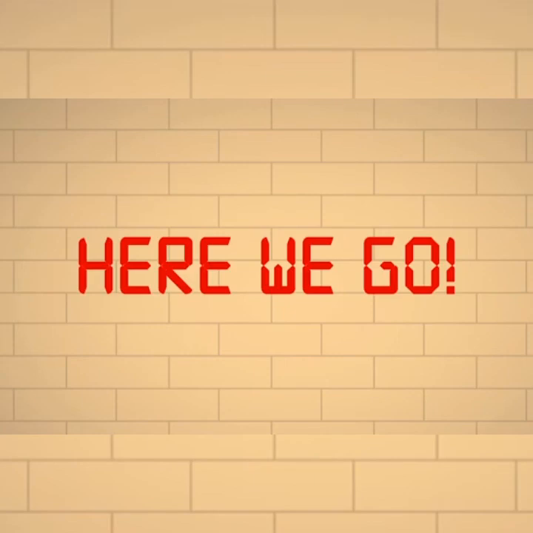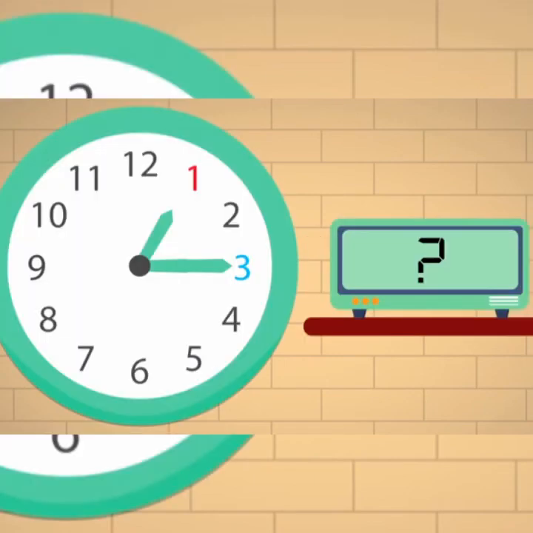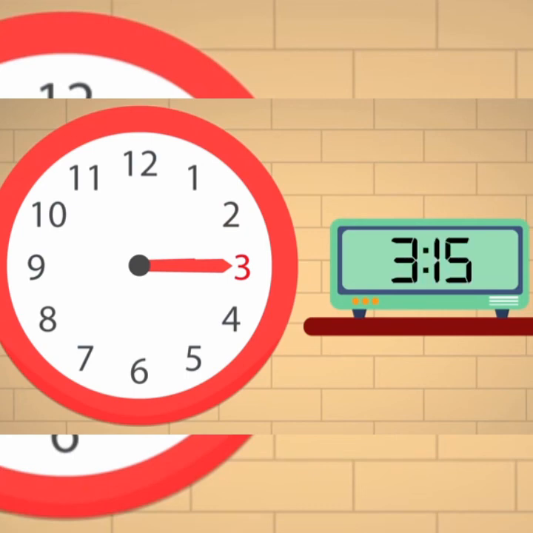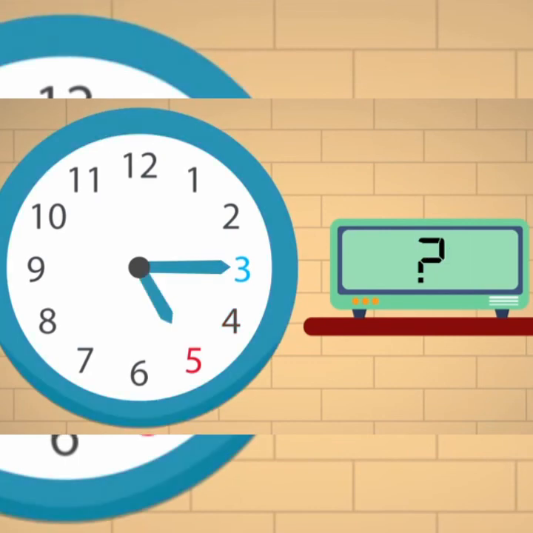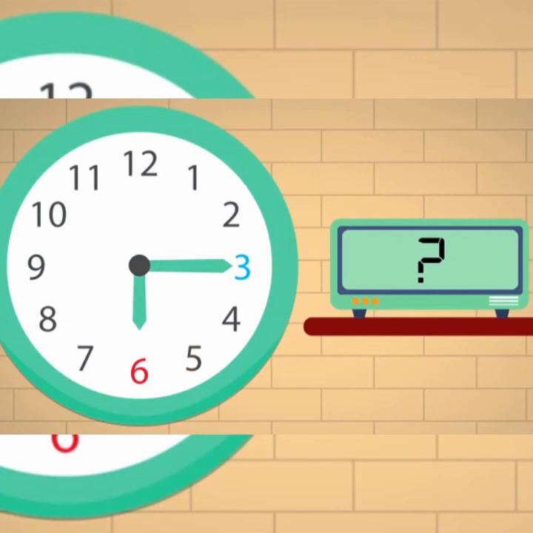Here we go. What time is it? It's 1:15. What time is it? It's 2:15. What time is it? It's 3:15. What time is it? It's 4:15. What time is it? It's 5:15. What time is it? It's 6:15.